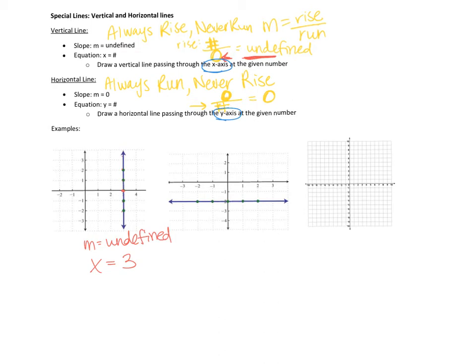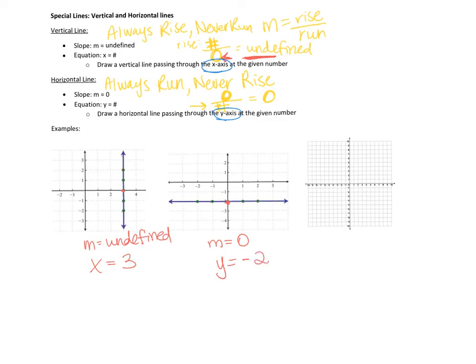Okay, looking at this next example here, I notice this time it's a horizontal line. So I only have a run, but I have no rise. That's going to give my slope to be a 0. Now I look, I'm actually crossing the y-axis at -2. So y is going to equal that -2.